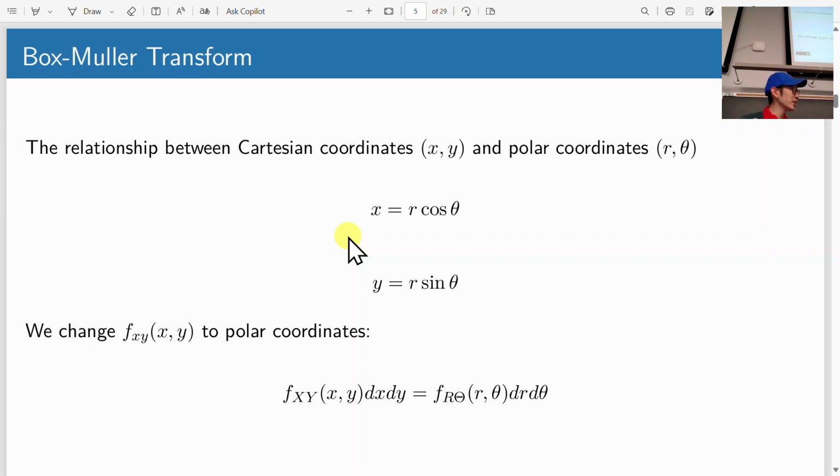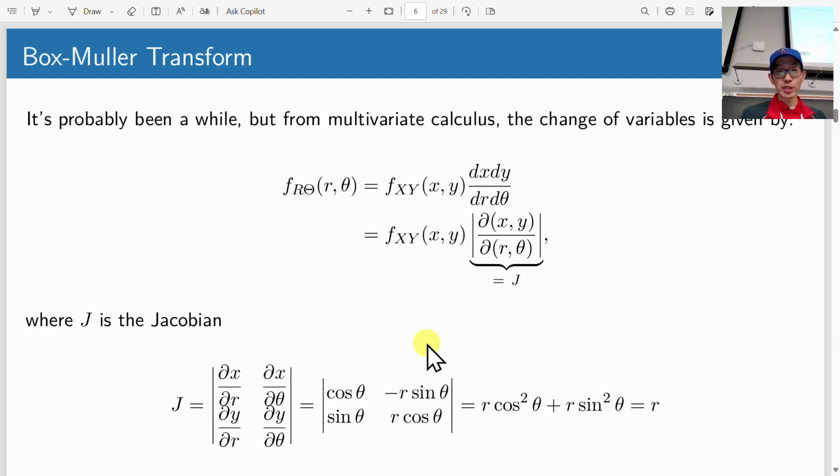If you're using real numbers, every single point on the real number plane for x and y can be turned into a pair of coordinates r and theta. The conversion is x is r cosine theta, y is r sine theta. So we're going to go from a function of x and y to a function of r and theta, and this is how you would go about doing that.